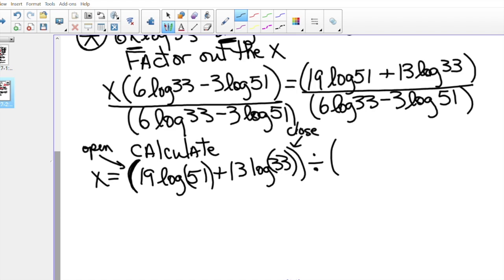parentheses. See that parentheses? 6 log. Now remember, it'll open it up. You do what? Close it up. Minus 3 log. It opened up. You got to close it.